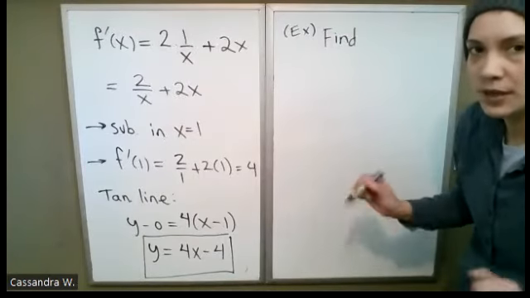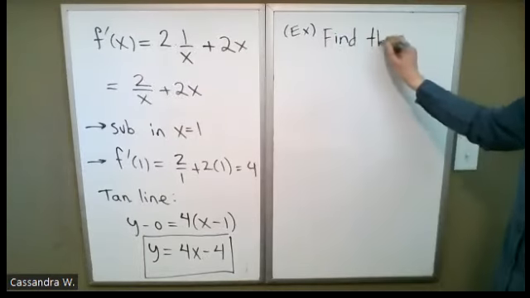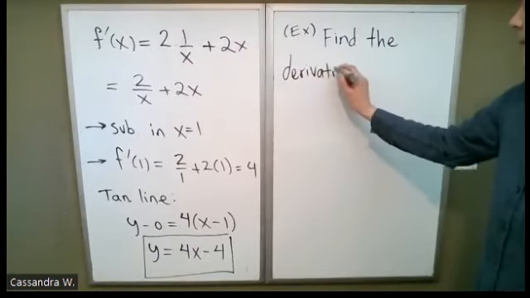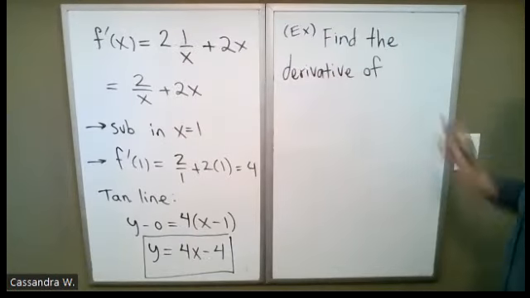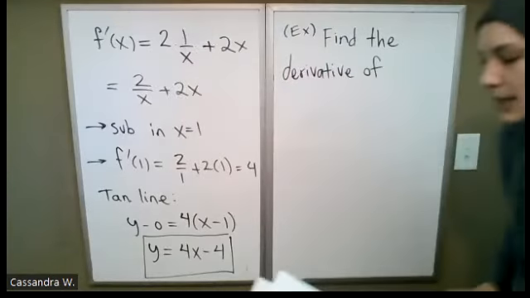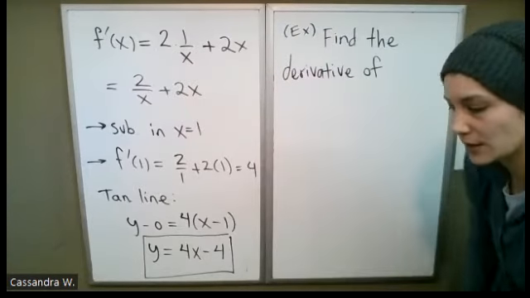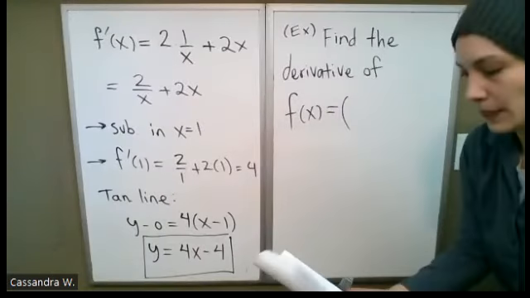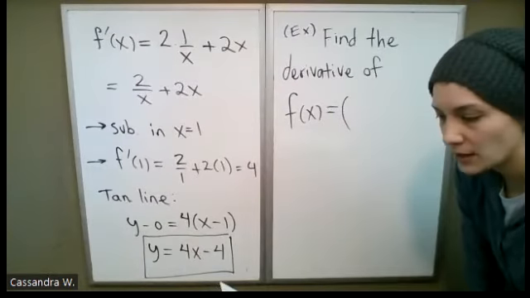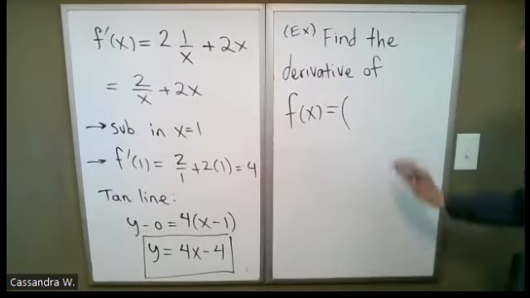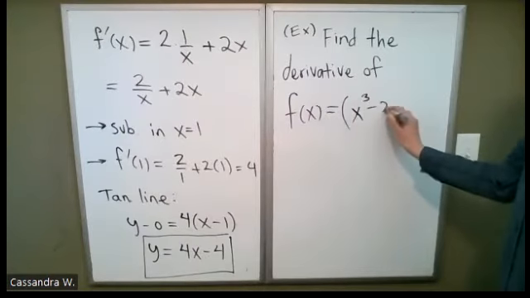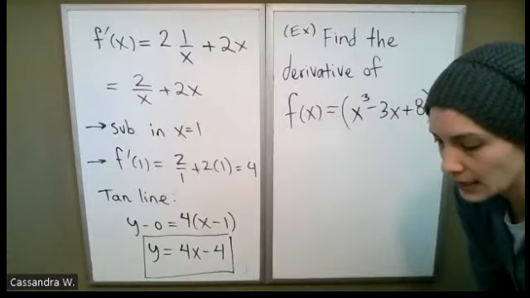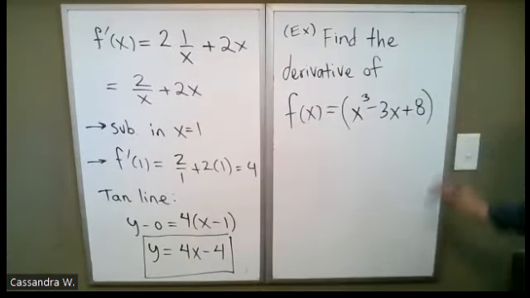Find the derivative of f of x equal to, in parentheses, x cubed minus 3x plus 8, and at the end we have a power of 6.